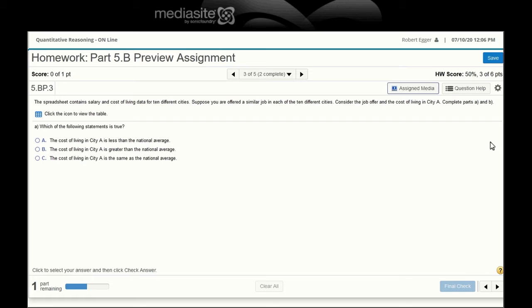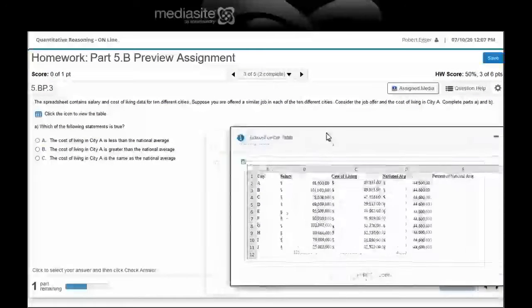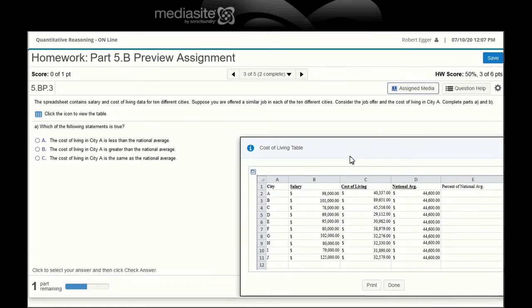Consider the job offer and cost of living in city A. So city A, $98,000, cost of living $40,337, and of course 44.6 is the national average.